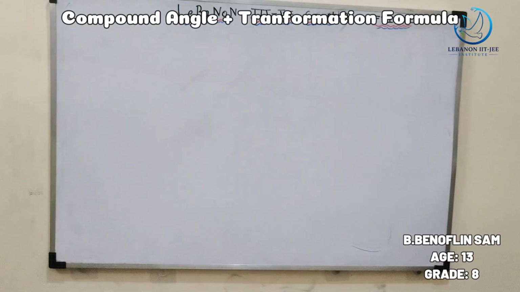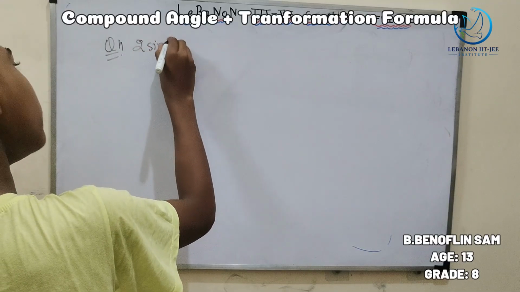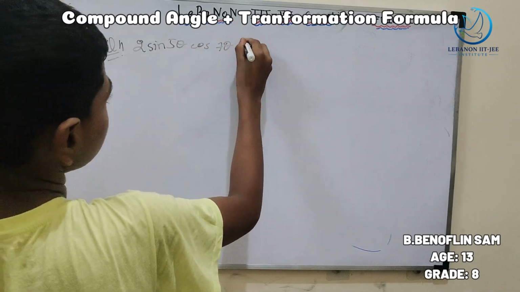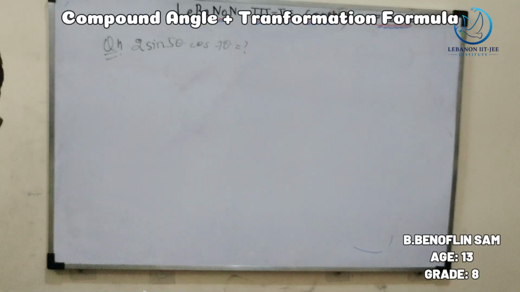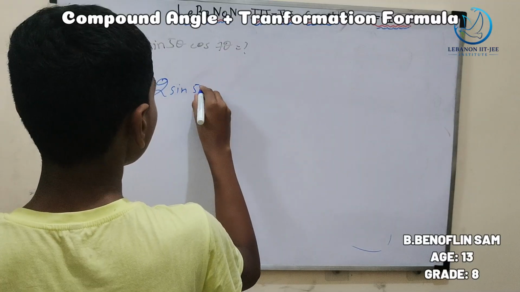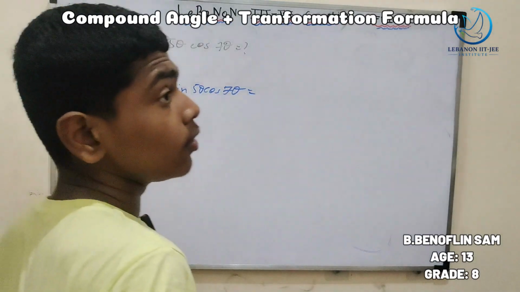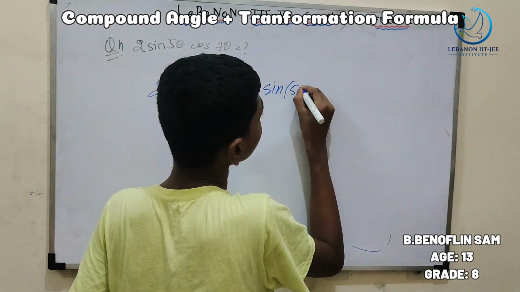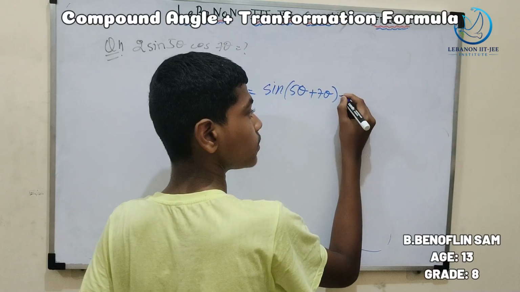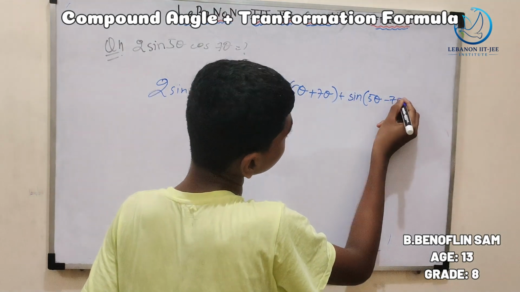For example, the question they asked is 2 sine 5 theta into cos 7 theta. If they ask this question, don't worry, you will solve it by yourself. 2 sine 5 theta into cos 7 theta is equal to, we know the formula, sine (5 theta plus 7 theta) plus sine (5 theta minus 7 theta).